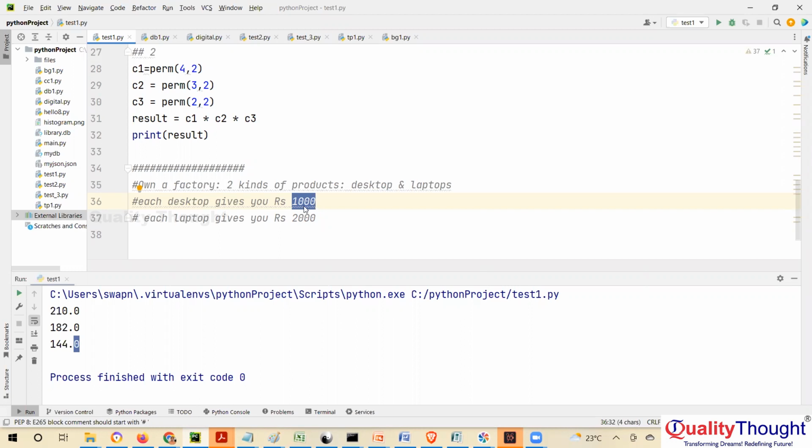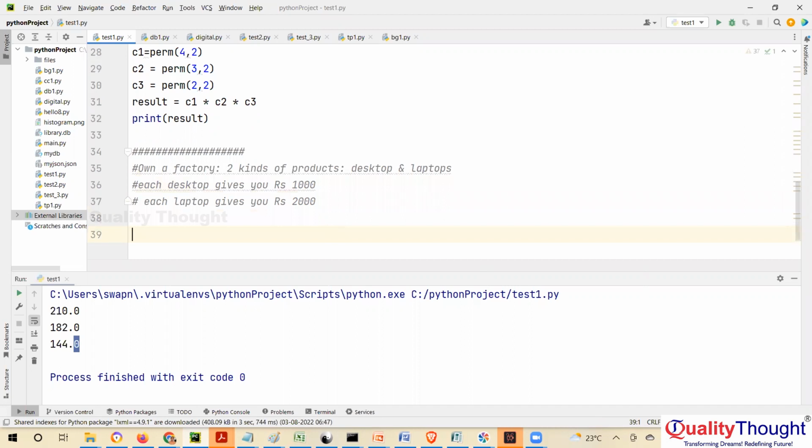We cannot produce as many as we want. One constraint could be, say, labor, manpower. Let's say a desktop takes 50 minutes to produce and a laptop takes 120 minutes. We'll keep the same unit. And you have a total of 5,000 minutes available.